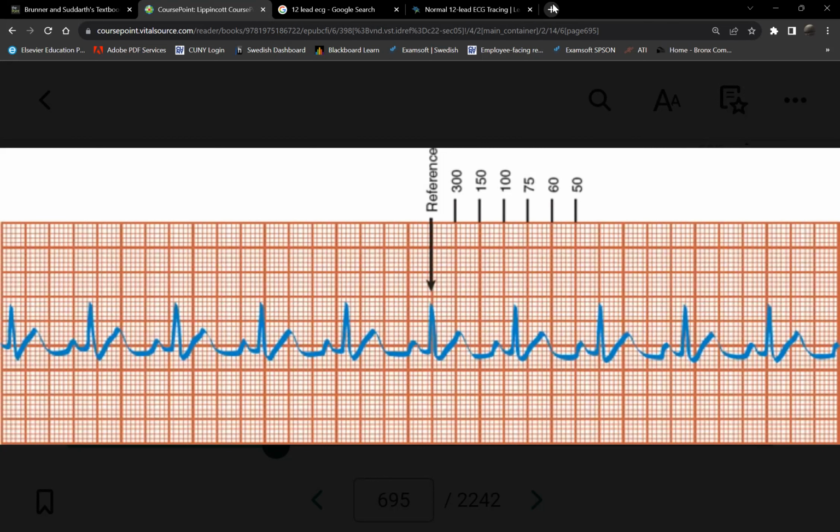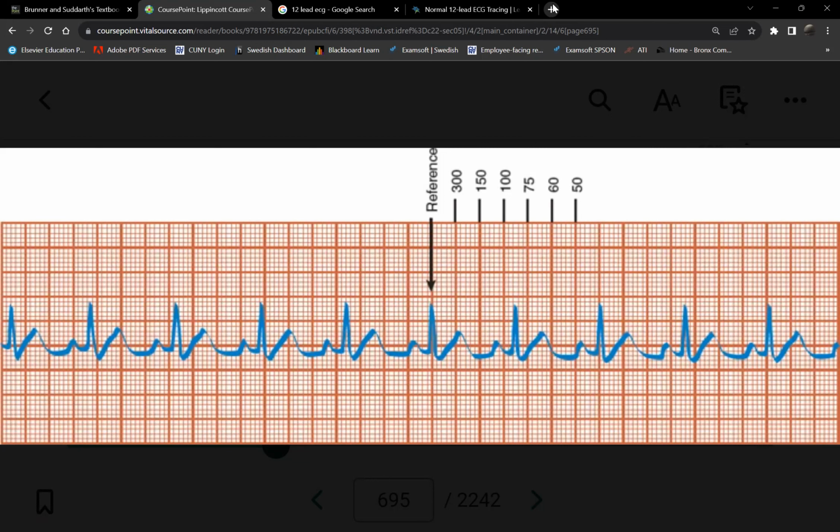So 1,500 divided by 17.5 is 85. Is it any different from your estimate earlier when you counted the QRSTs? No. The same, right? 80 something.